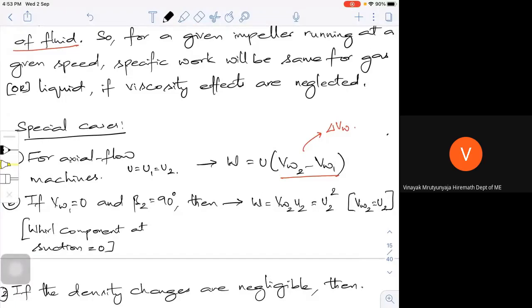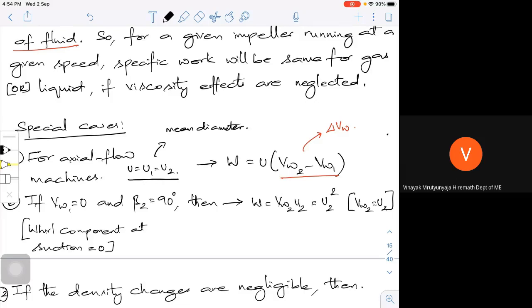It is neither the outer diameter nor the inner diameter. So both your peripheral velocities U1 and U2 will remain the same, because I am going to calculate the peripheral velocity along the mean diameter.